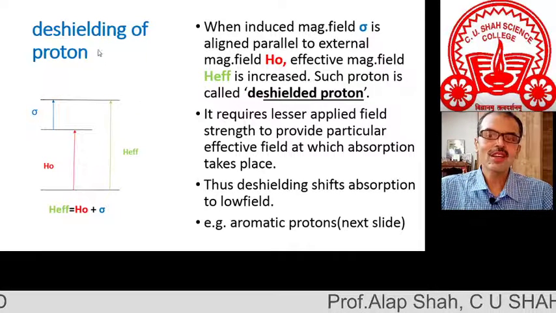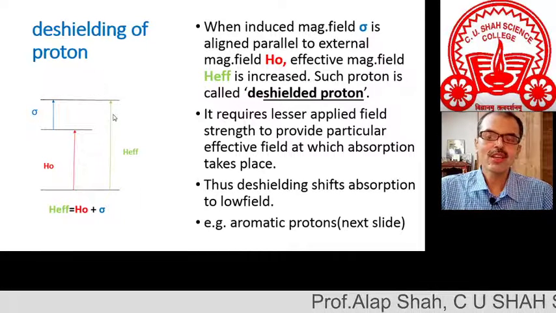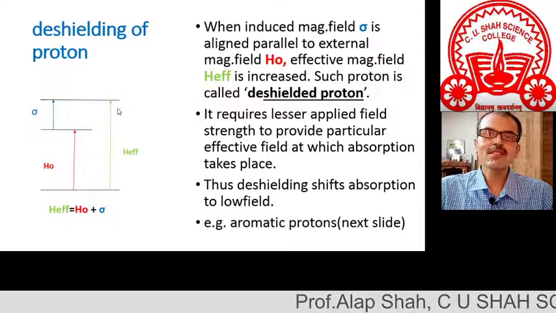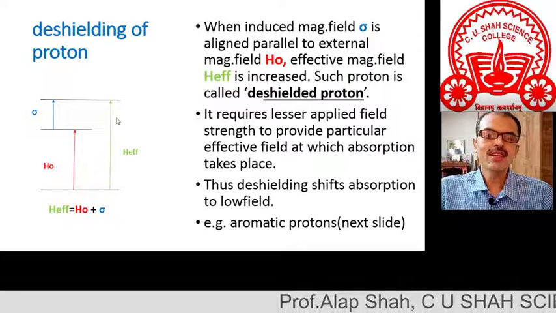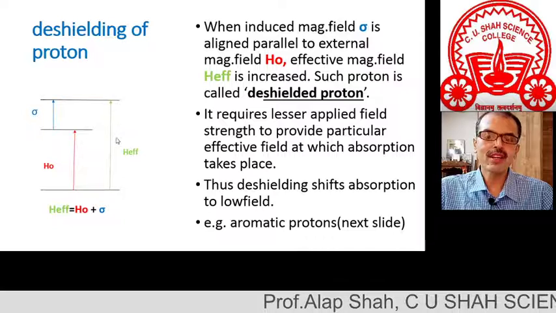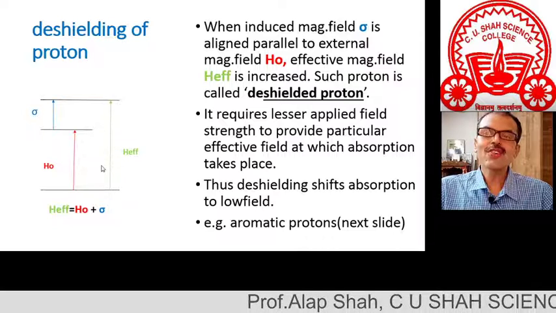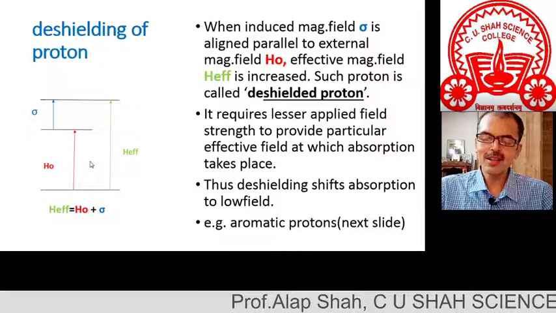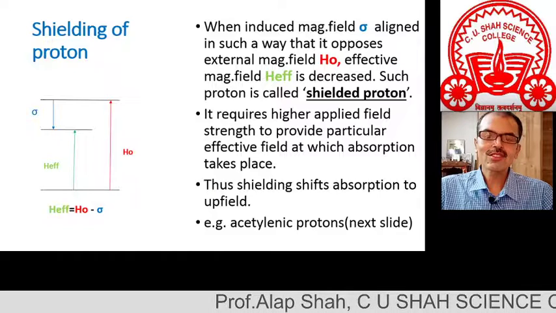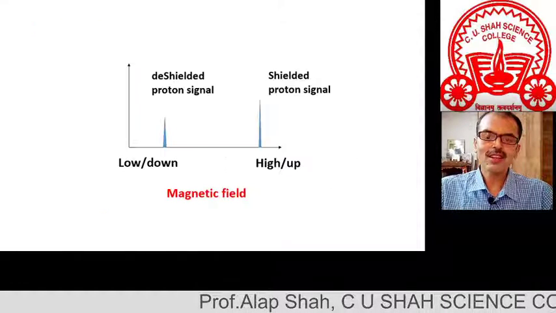This is called deshielding of proton. Deshielded protons experience greater magnetic field than the applied magnetic field, so they require a lesser amount of magnetic field. So again, let us move back to this area.